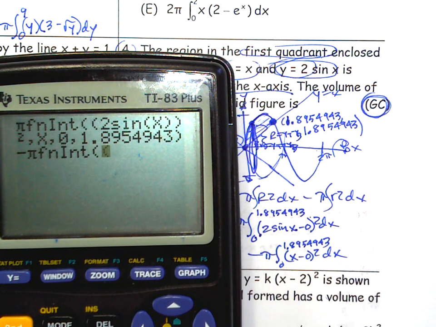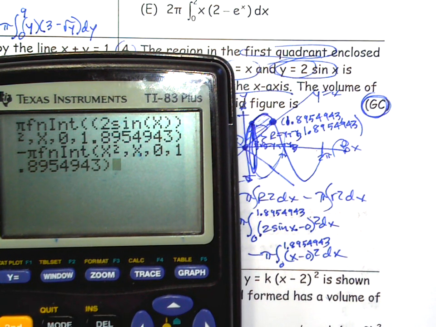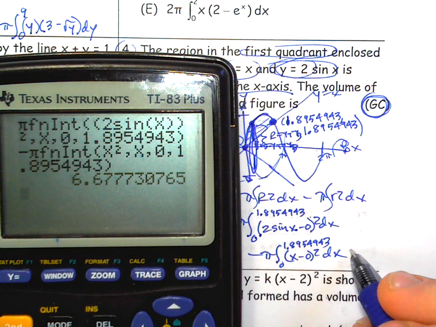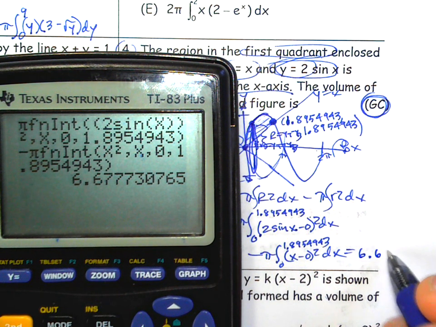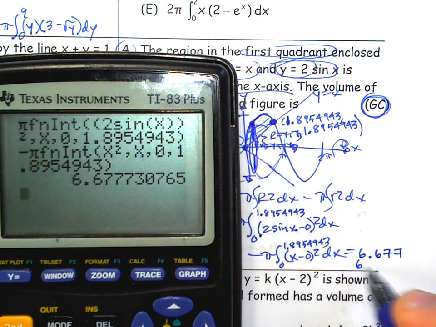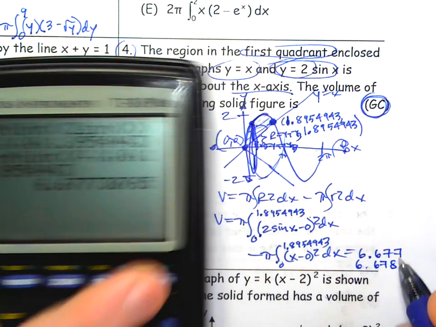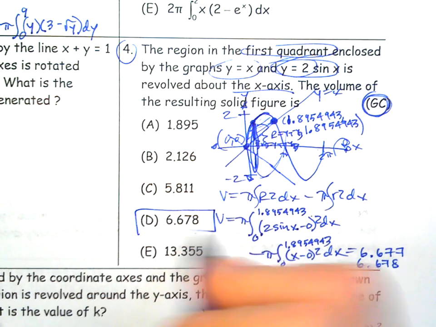I guess I don't need parentheses. x squared, comma, x, comma, 0, comma, 1.8954943. And we get 6.677 or 6.678. There we go.